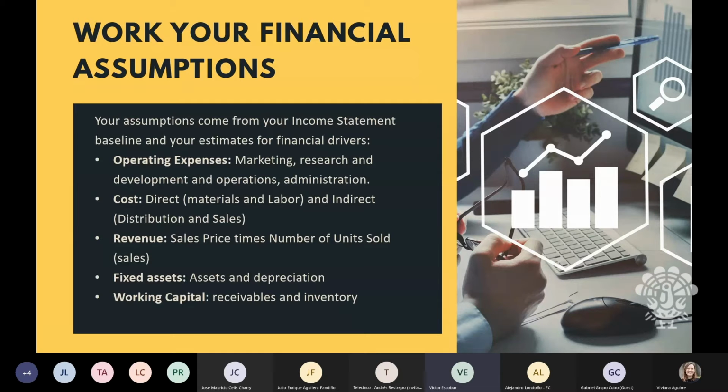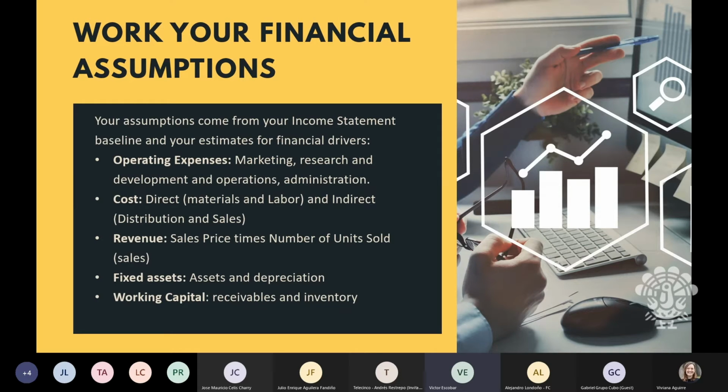The second assumption that you will have to make is the cost. This is divided in two: you have the direct cost and the indirect cost. The direct cost will be the materials that you use for your process, elaborating your services, and how much you spend on labor.